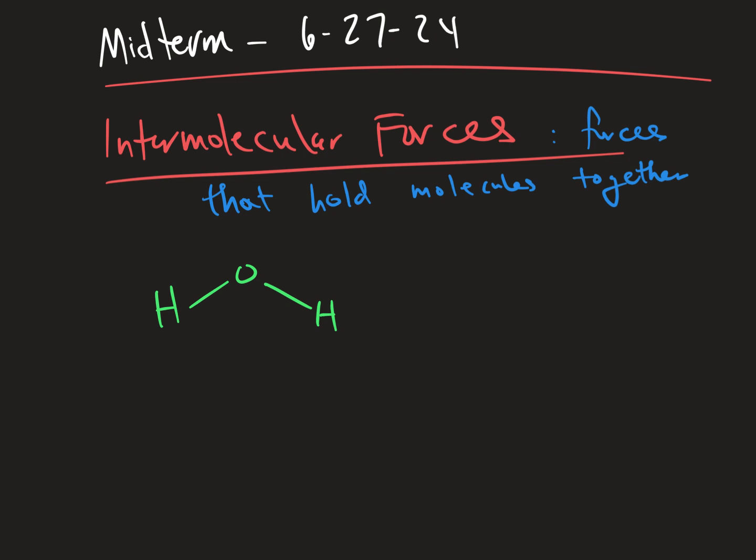If we remember from last time, what part of this molecule is partially negative? You don't have to memorize it, but you have to know how to look it up. Oxygen? Yeah. Why?